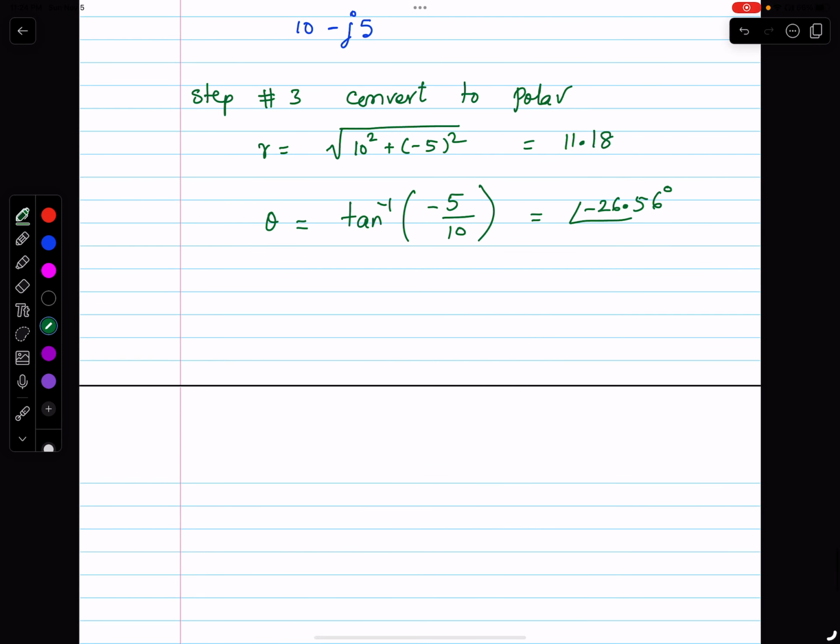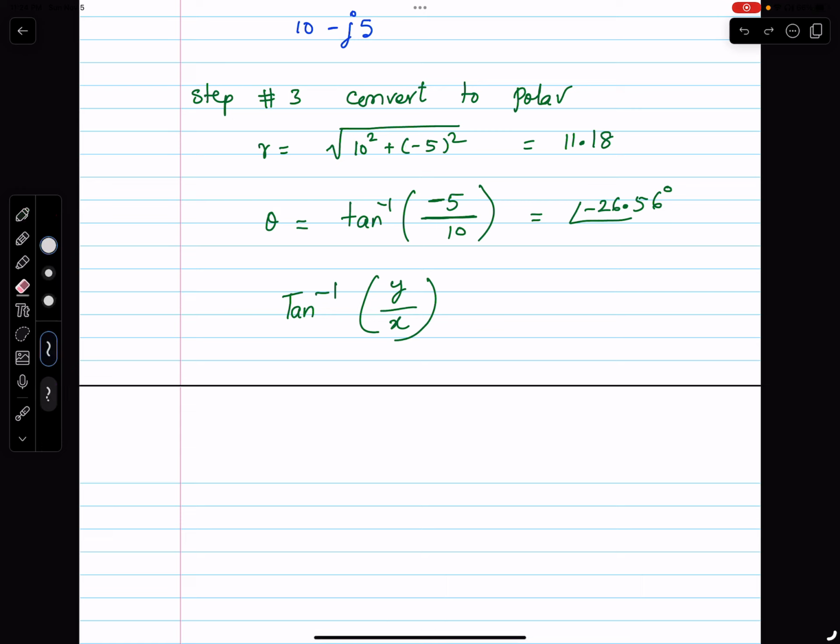I'm going to write the negative term for the imaginary part when I'm looking at the imaginary part over the real part for arctan. Notice that the negative here applies to the imaginary part.